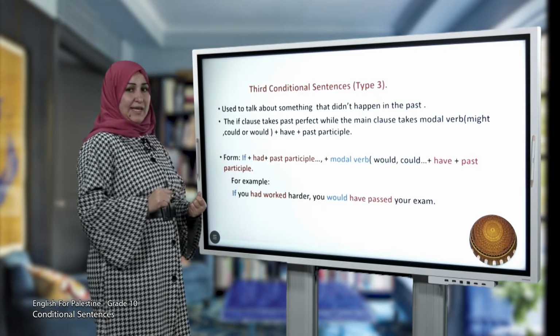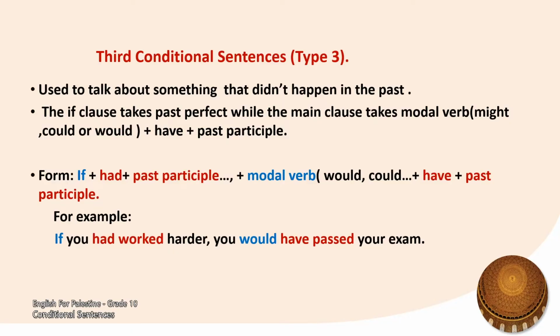The form is if plus had plus past participle, which is called past perfect, and in the second clause we will have a modal verb such as would or could plus have plus verb 3 or past participle.